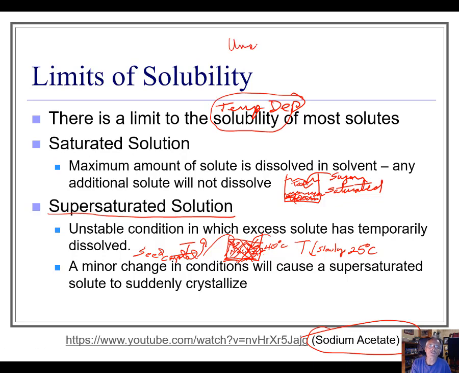Unsaturated solutions. And unsaturated solutions just means that if I have that beaker, and let's just make this some water, or we'll make it some tea like in the old days, and here comes some sugar, and if I dissolve it and it all goes in at a given temperature, I haven't heated anything up, if all the sugar dissolves and there's nothing sitting on the bottom, then that solution is unsaturated.